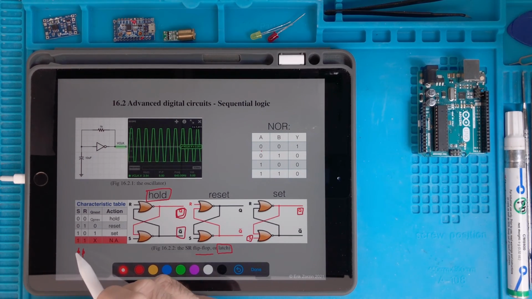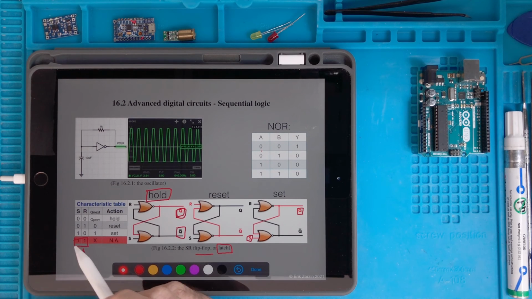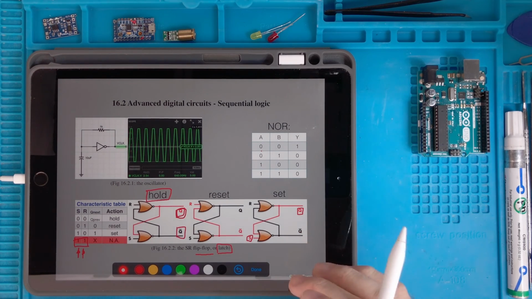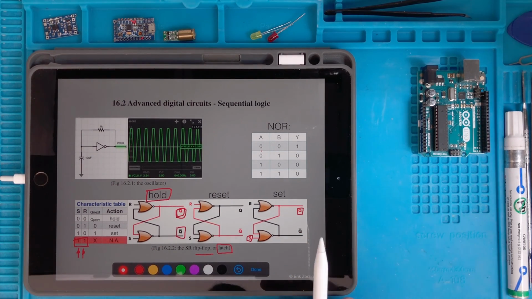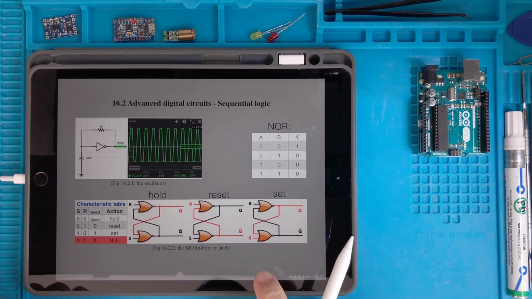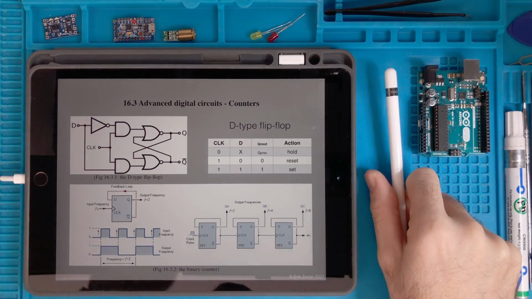We can avoid stimulating the input of this system with this configuration, in order to avoid this non-logic condition, with something similar to this. So how can we do this? We do this with this type of circuit.